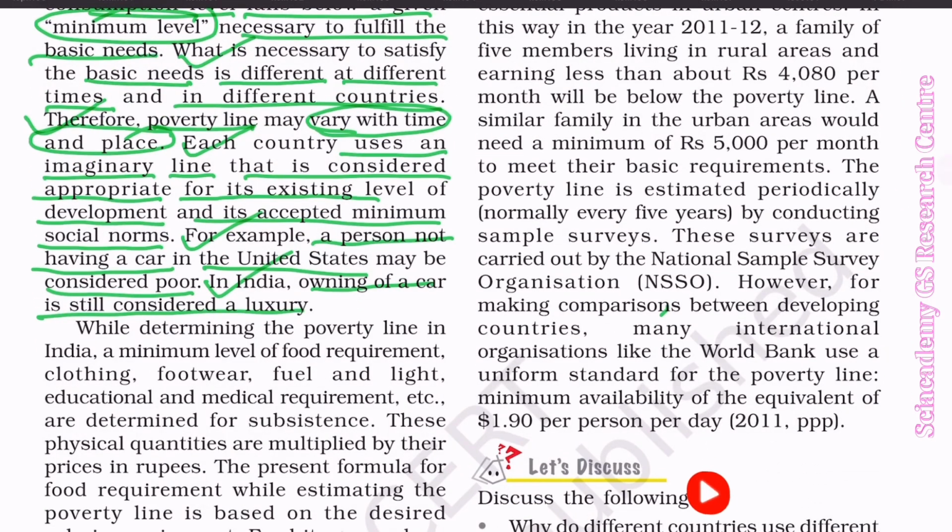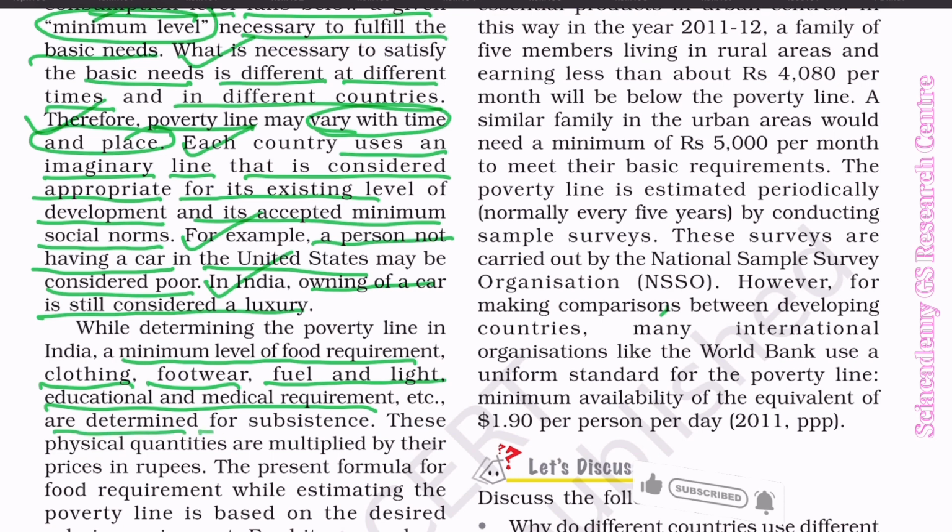While determining the poverty line in India, a minimum level of food requirement, clothing, footwear, fuel and light, educational and medical requirement, etc. are determined for subsistence. These physical quantities are multiplied by their prices in rupees.